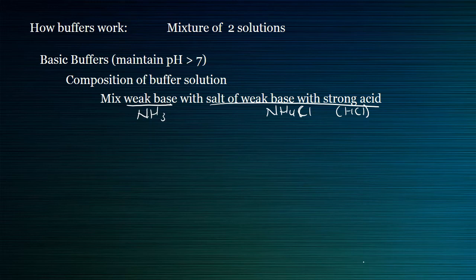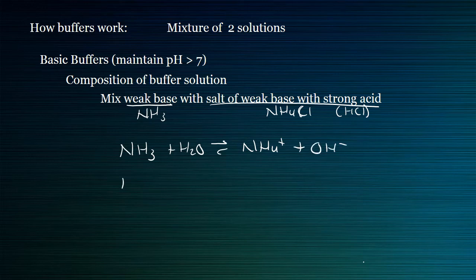All right, so just like before, how is this solution set up? If we have NH3 with water, you make NH4 plus and hydroxide ions. The salt, because it is a salt, fully dissociates into NH4 plus and Cl minus.